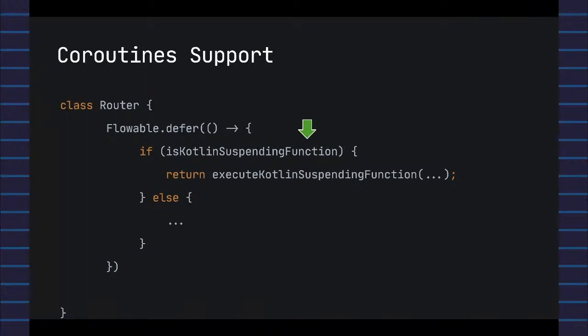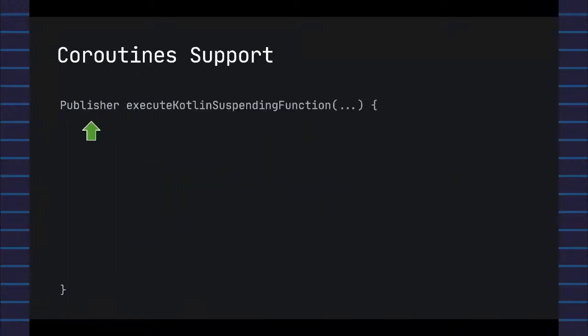The core architecture of Micronaut is written in Java. It looks at the methods and checks whether you have a method with the suspend keyword. If you do, it knows how to handle that, and it has a method to be able to execute that type of suspending method.